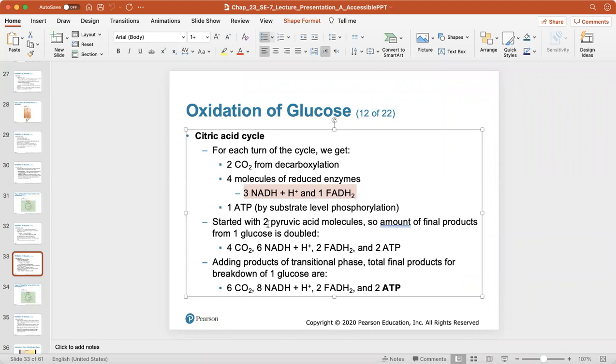We started with 2 pyruvic acid molecules, so the amount of the final products from 1 glucose is always doubled. And adding the products of the transitional phase, the total final products for breakdown of 1 glucose up until this point is shown here.